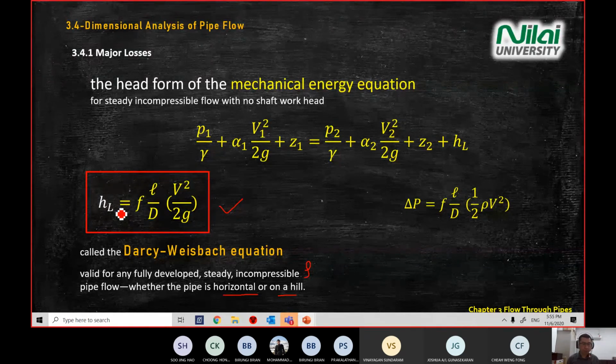Right? It's a loss of energy. So this is the form of the Darcy-Weisbach DW equation that we use to solve questions.